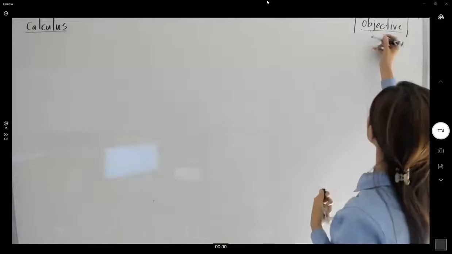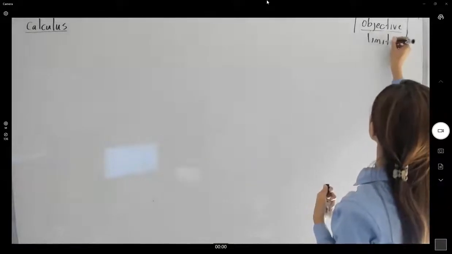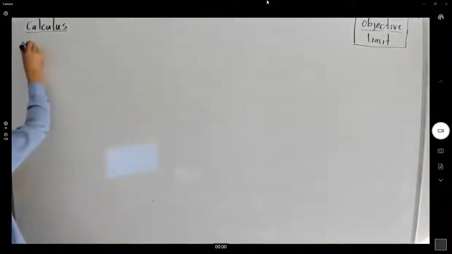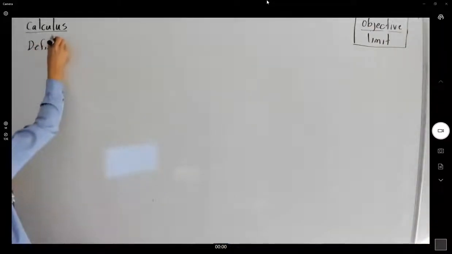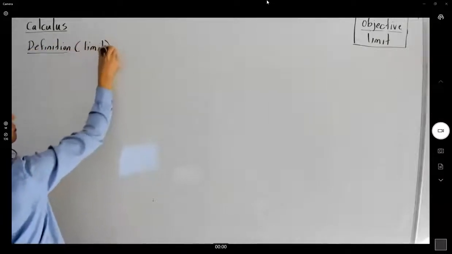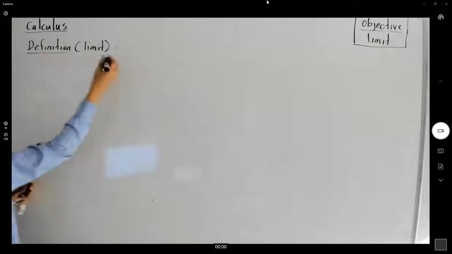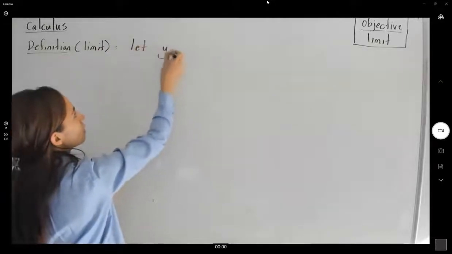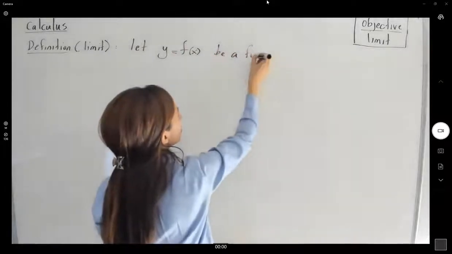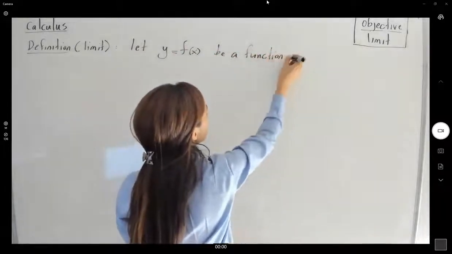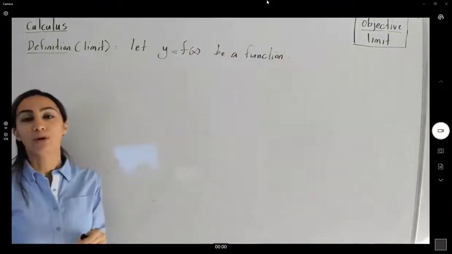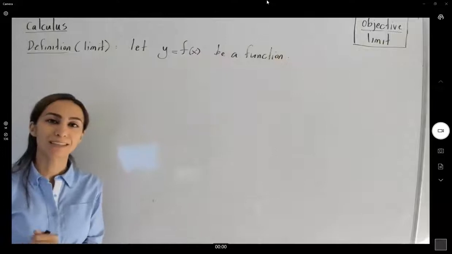The limit of a function. So, definition: suppose you have a function. Let y equals f of x be a function. The limit of the function at point a is represented this way.